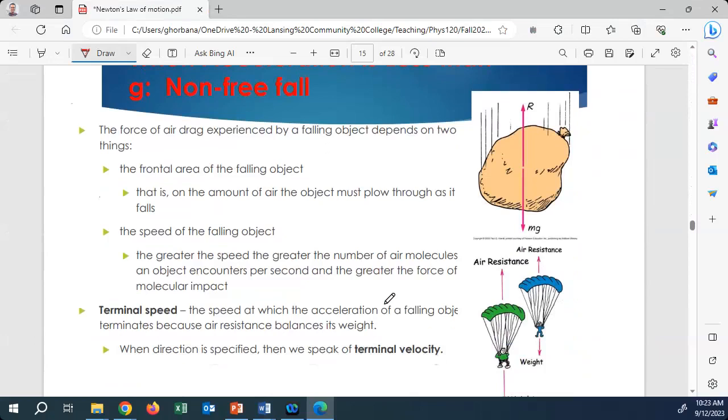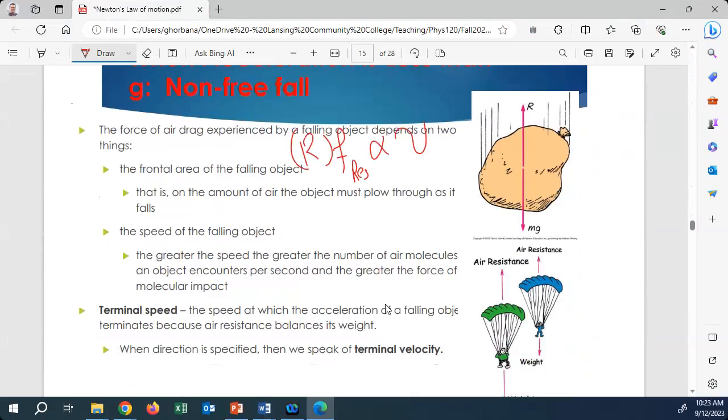And this resistive force, I call it F resistive, or sometimes R. In some textbooks you just see FR or just R. R represents the resistance.